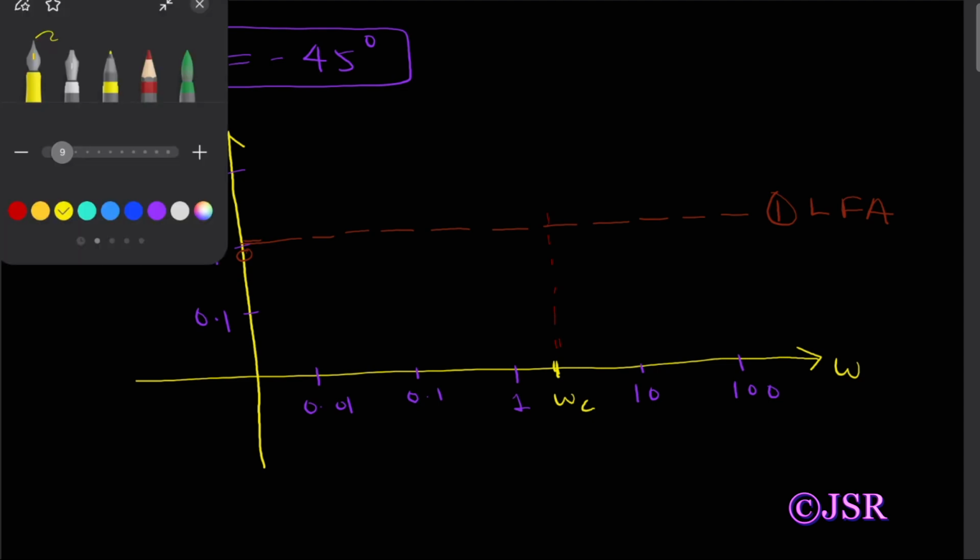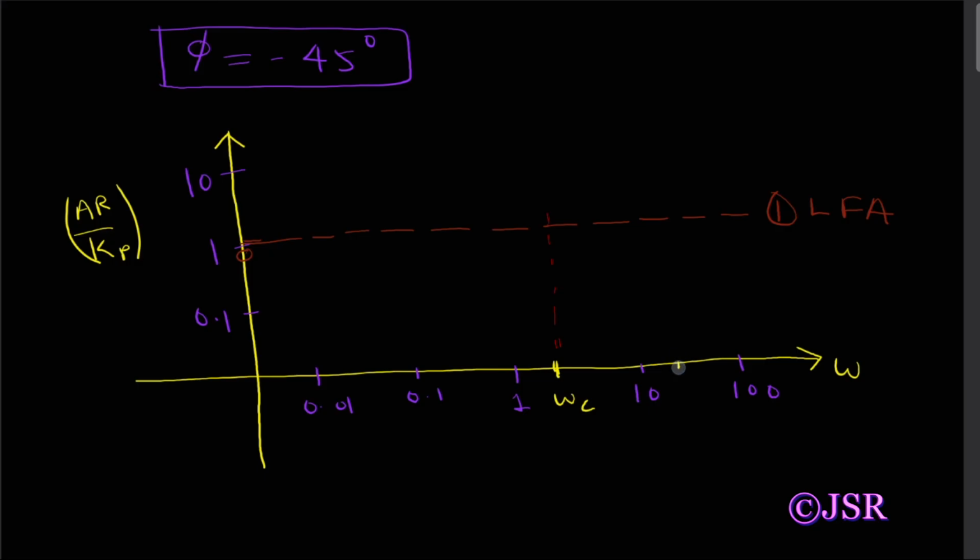Since we already know that for a unit change in y, we will be having a unit change in x, for the high frequency asymptote we will have a -1 slope.